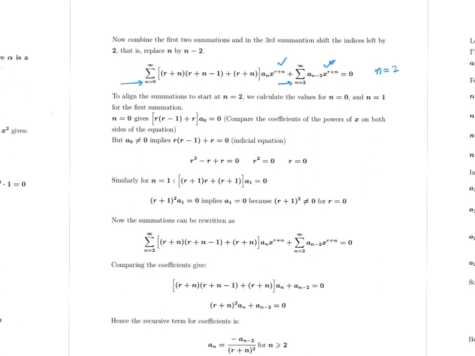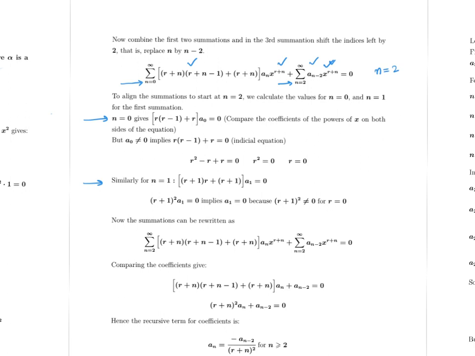We can do that by just taking out the first two terms in the left summation, that means we take out n equals 0 and n equals 1. Then it will be aligned. We can go from n equals 2 to infinity, and the right summation will also be n equals 2 to infinity.